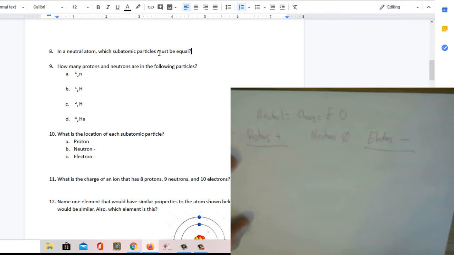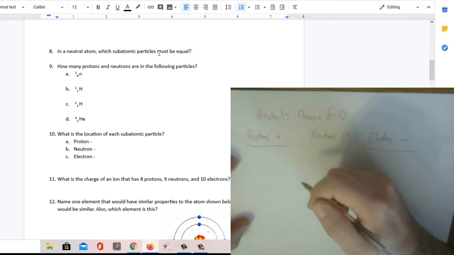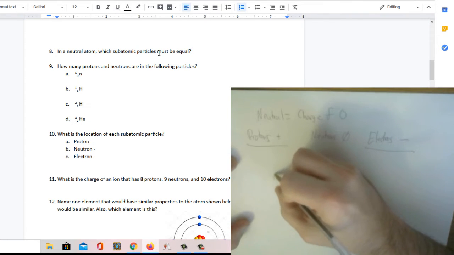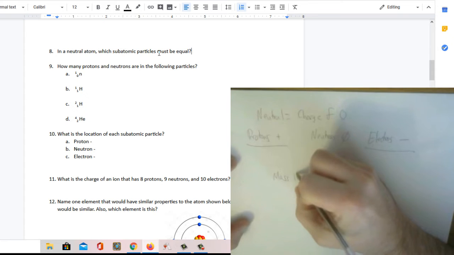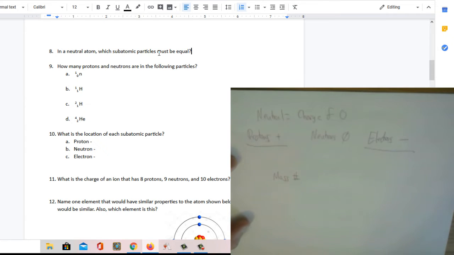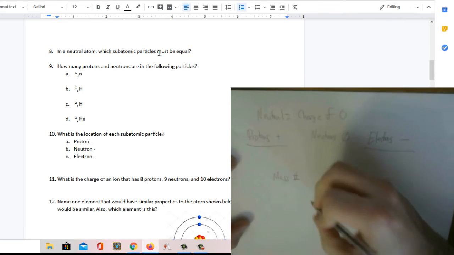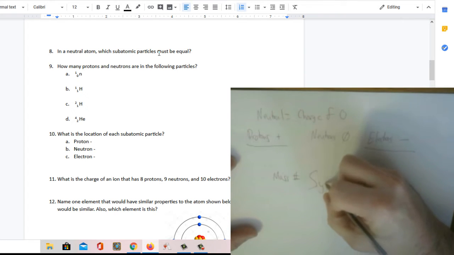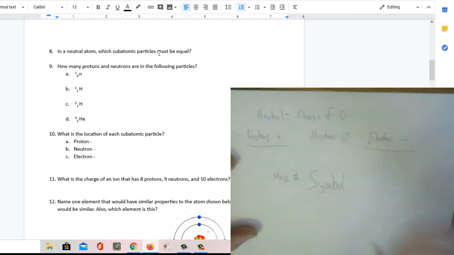And then for 9, it asks how many protons and neutrons are in the following particles. You have two parts in those symbols there. On the top left, you have mass number. And mass number is the total mass, meaning all of the protons and neutrons combined. Then you have the symbol. That's the atomic symbol.